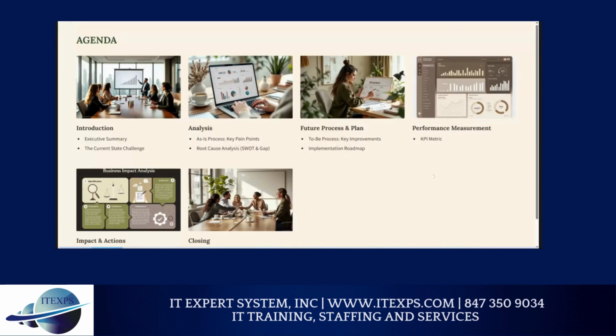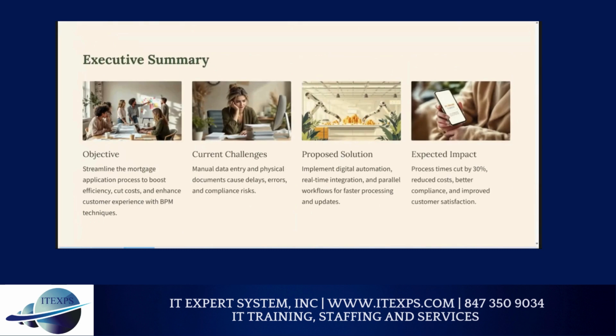For the summary, our goal is to make the mortgage process faster, easier, and better for both the customer and the team behind the scenes. Right now, it's filled with manual steps and paperwork that slow things down and leave room for errors.